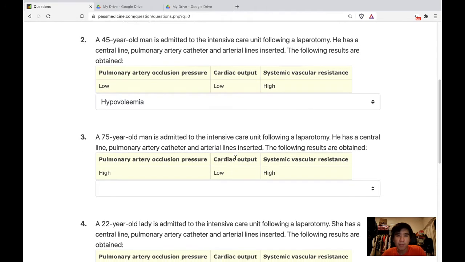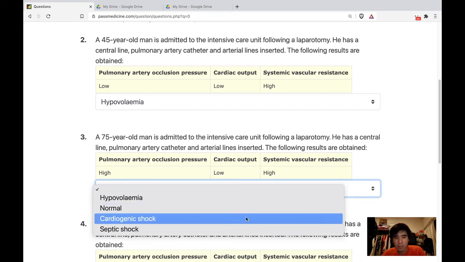A 75-year-old man is admitted to the intensive care unit following a laparotomy. He has a central line, pulmonary artery catheter, and arterial lines inserted. The following results are obtained. So, in this case, pulmonary artery occlusion pressure is high, cardiac output is low, and systemic vascular resistance is high.